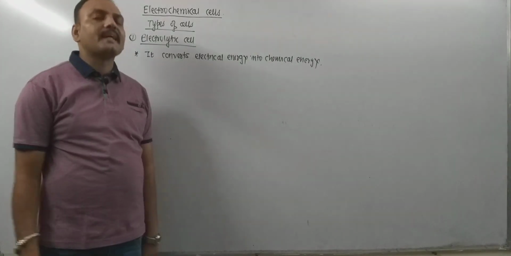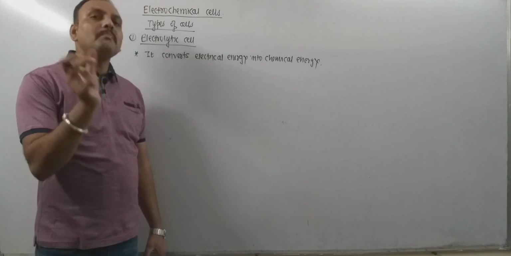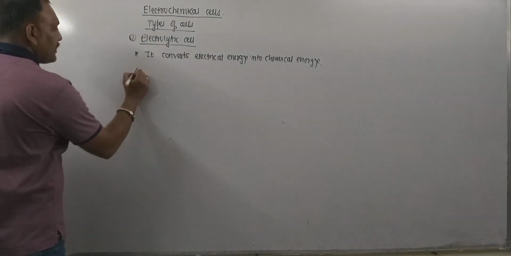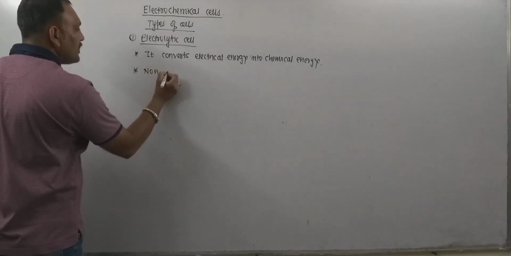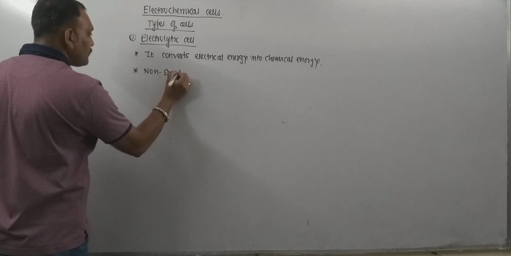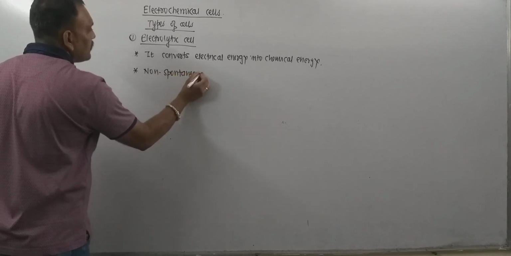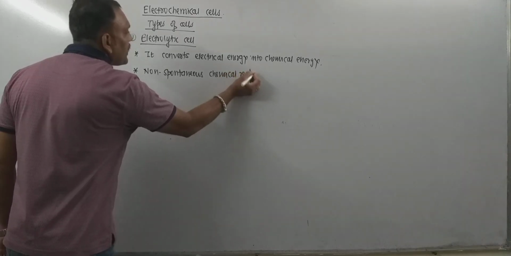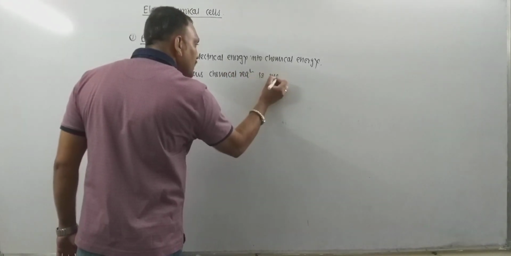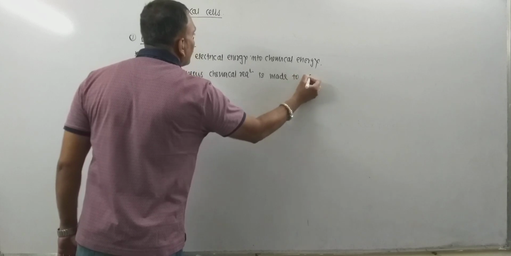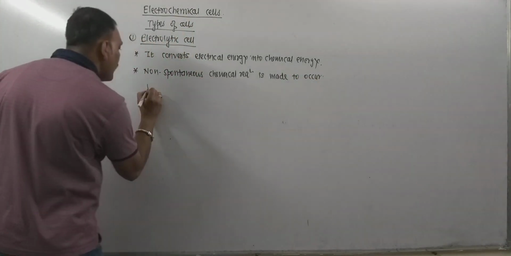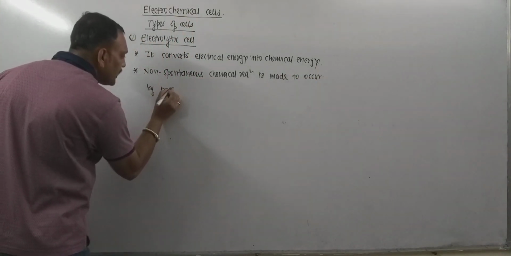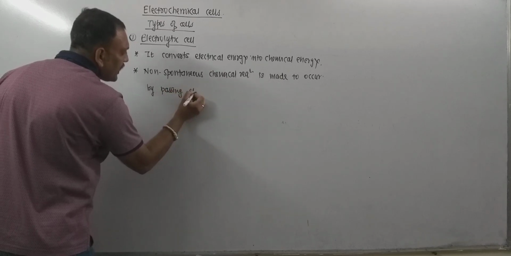So what happens in this? A non-spontaneous chemical reaction is made to occur by passing electricity.